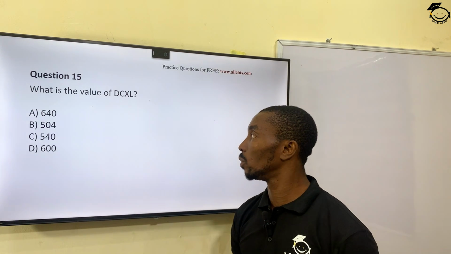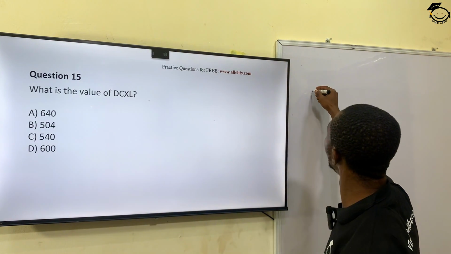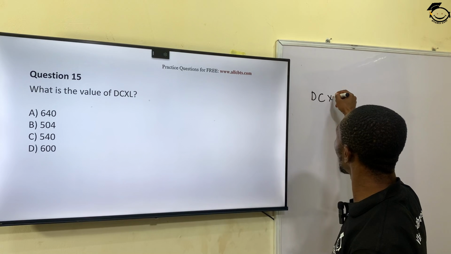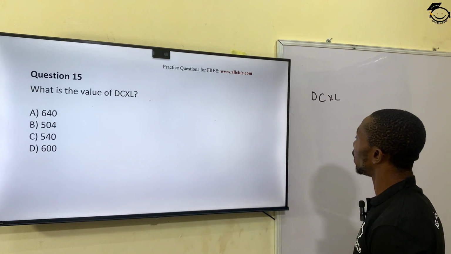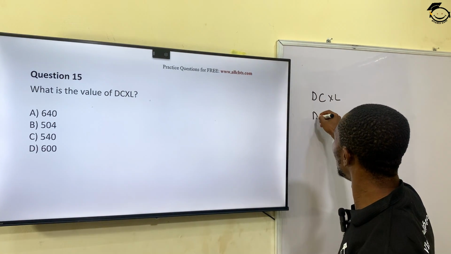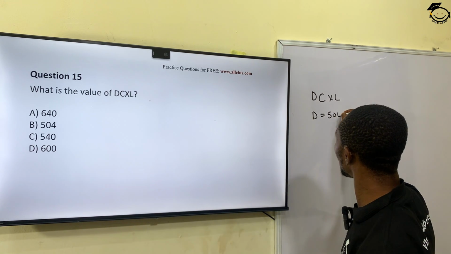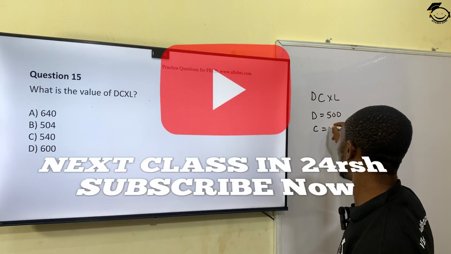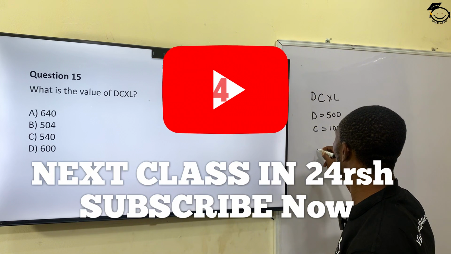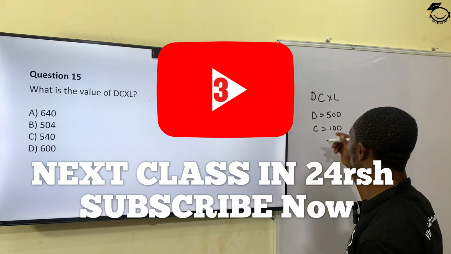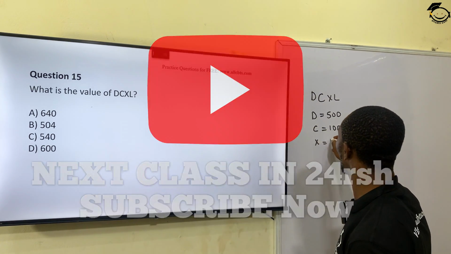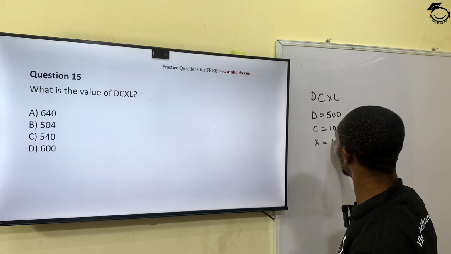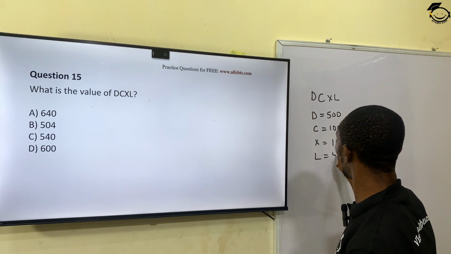What is the value of DCXL? Now, our D is 500, our C is 100, then we know that X is 10, and L is 50.